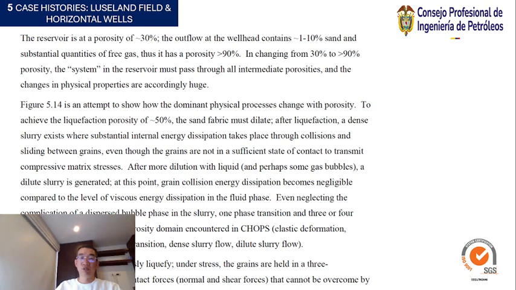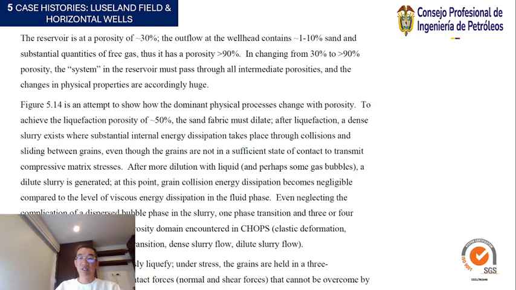After more dilution with liquid and perhaps some gas bubbles, dilute slurry is generated. At this point, grain collision energy dissipation becomes negligible compared to the level of viscous energy dissipation in the fluid phase.